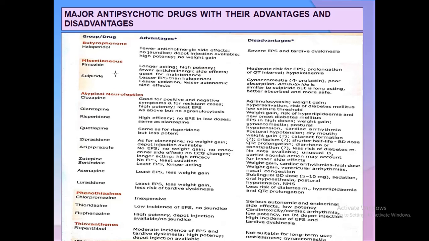Third drug being risperidone, advantage being high efficacy, no extrapyramidal side effects in low dosage, and other features same as olanzapine. And its disadvantages being extrapyramidal side effects in high dosage, weight gain, gynecomastia, postural hypotension and cardiac arrhythmia.